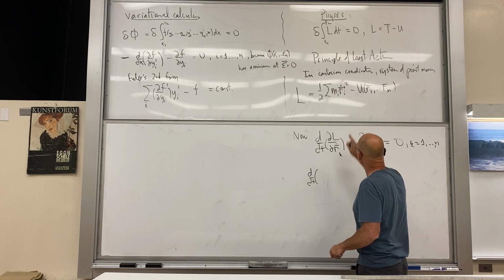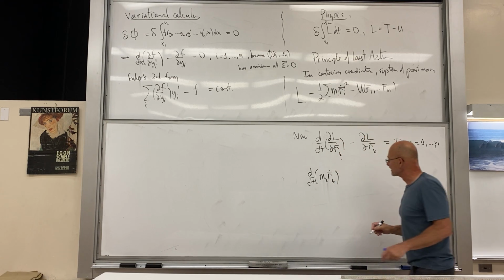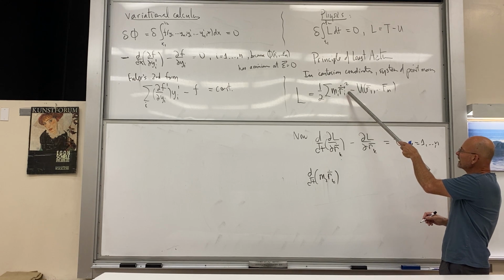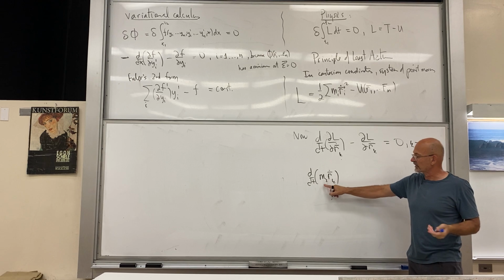Go ahead and write what that is. That's m sub k r sub k dot. You pick off the kth of these, the r dot squared, there's a linear. Those are 3 equations, right?